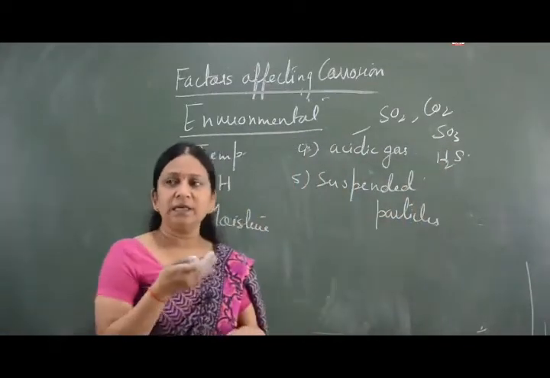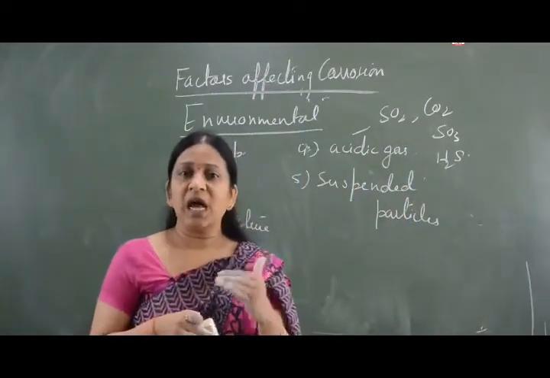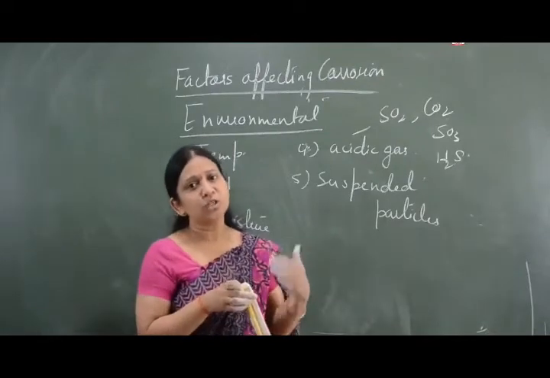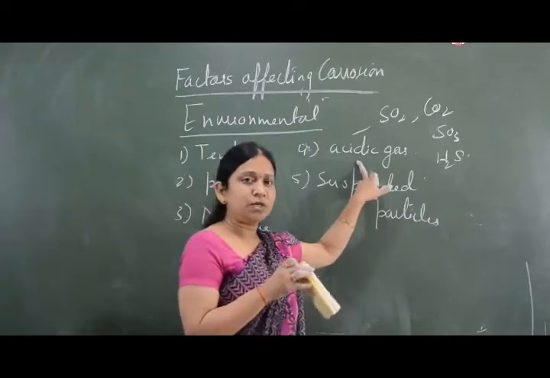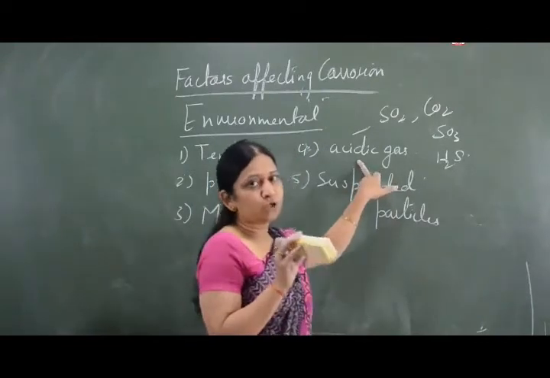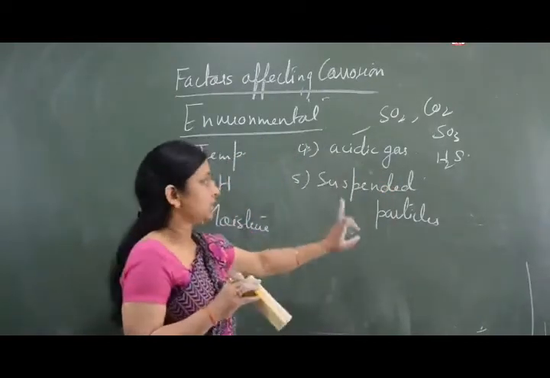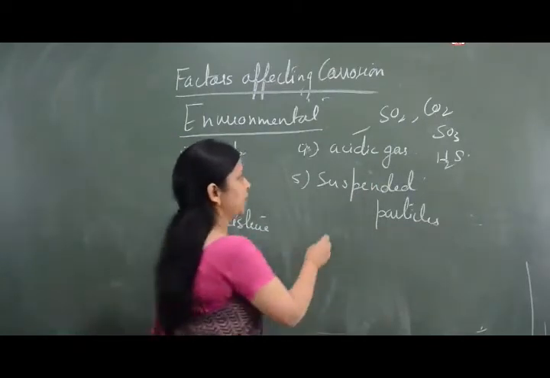They are all acidic gases, and we know that in acidic medium the rate of corrosion is faster. So if acidic gases are present in the environment, the rate of corrosion is going to increase. The next is suspended particles.